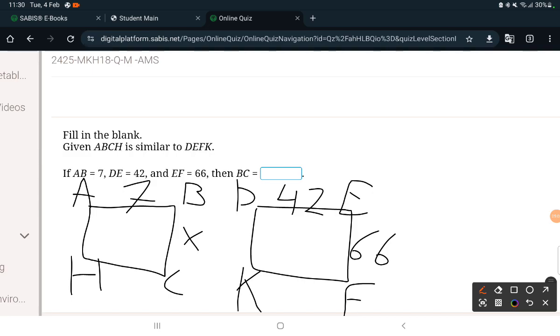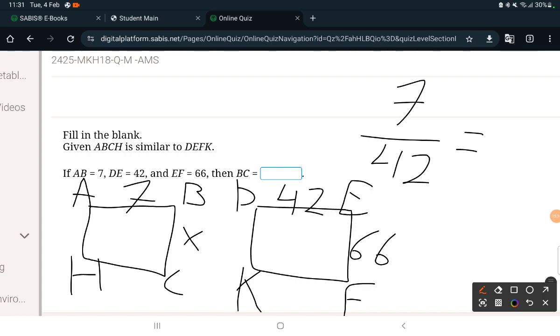Okay, so this is literally the proportionality theorem. Let's start with the first polygon ABCH. So we have 7, and then let's put DE's value, which is 42.